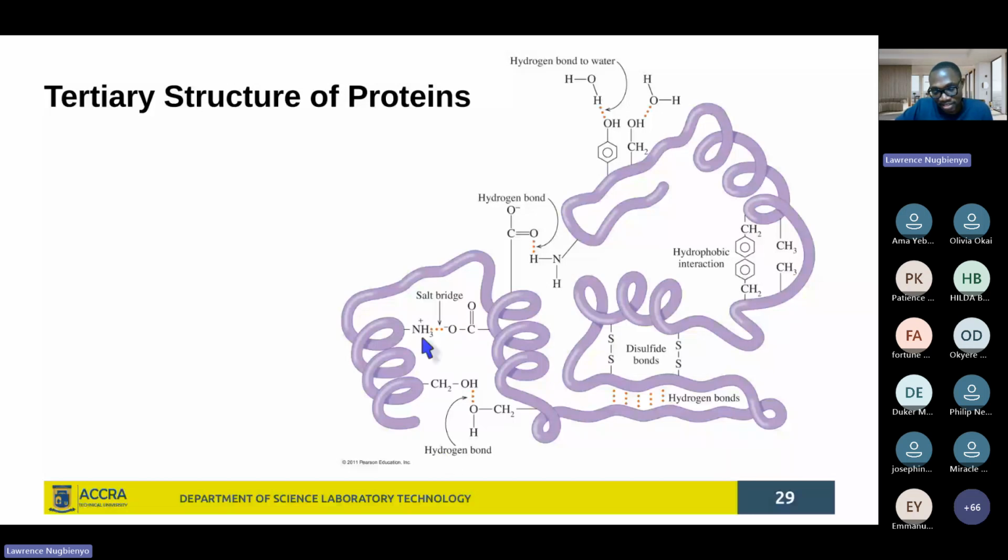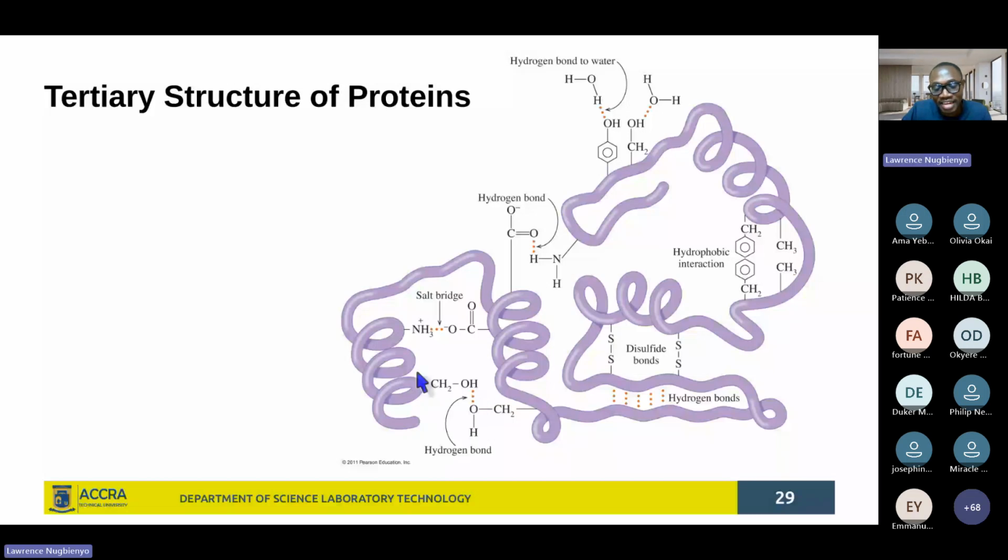You can see this as a bonding between two secondary structures. So this is one alpha helix, and this is another alpha helix, and you are having that bonding between them. We see also hydrogen bonding. So here, this CH2OH which you are seeing is depicting the side chain in which amino acid?